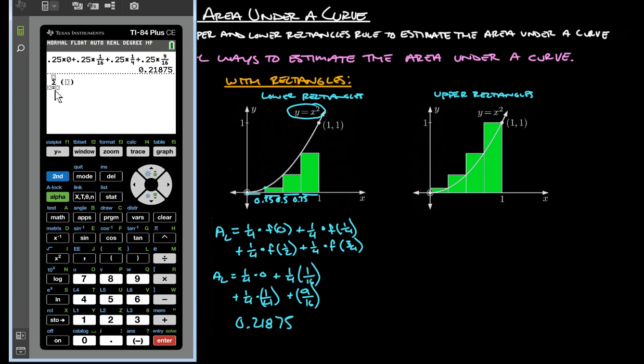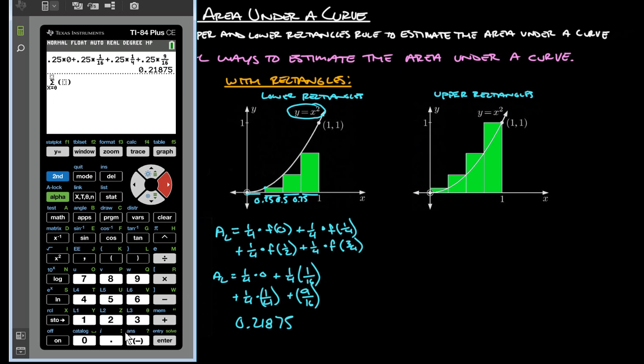And what we want to tell this is, x is our only variable they give us anyway. So we're going to start, basically it's like, what numbers are we putting in here? We're going to start at 0, right? And we want to go through and we're going to do 0, 1/4, 1/2, and 0.75. I'm going to leave this blank for right now, because this is going to make more sense after we put in our little equation here.